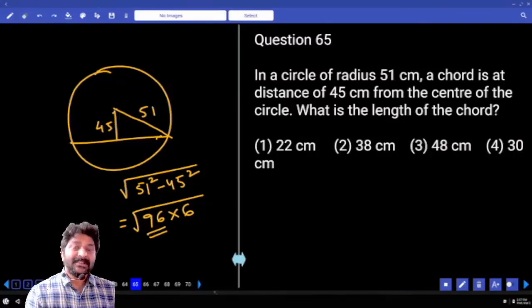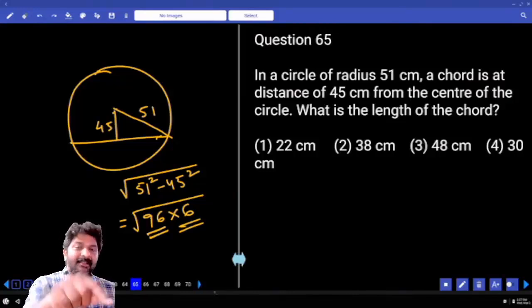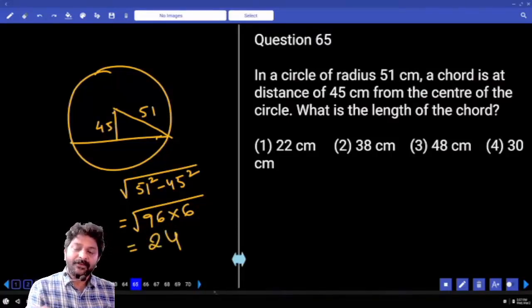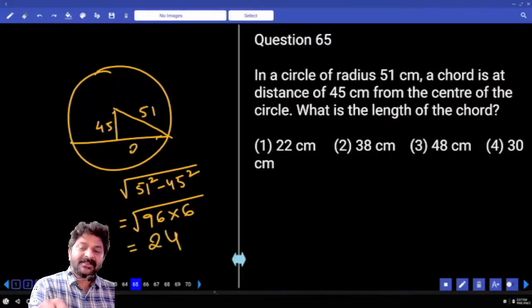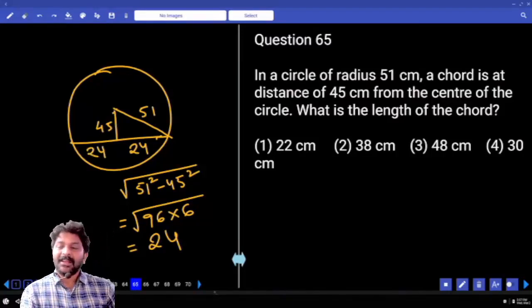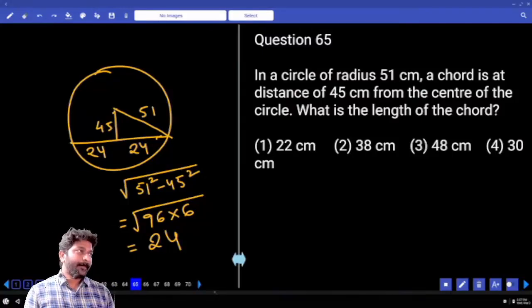So this is 16 into 6 square. When it comes out of the under root, it becomes 4 into 6, that is 24. If this is 24, the other half is also 24. Then the length of the chord is 48.